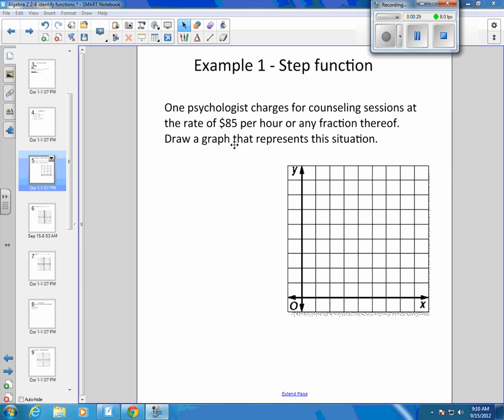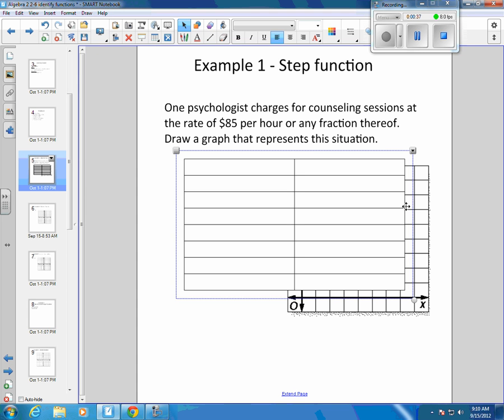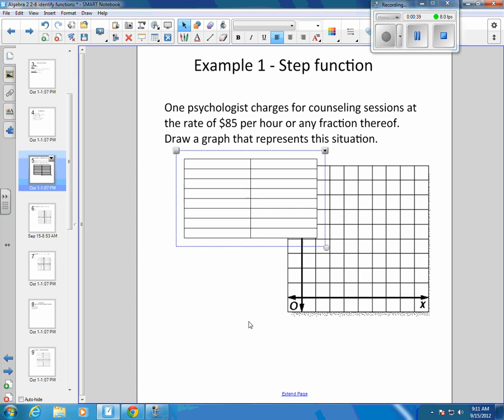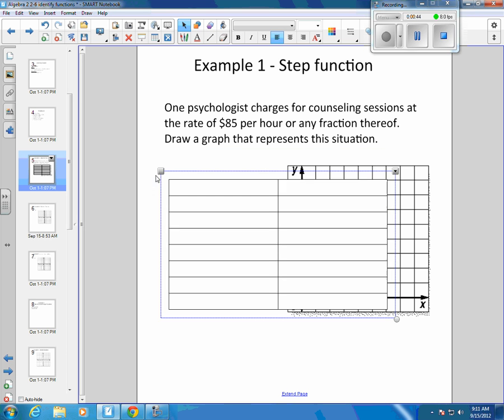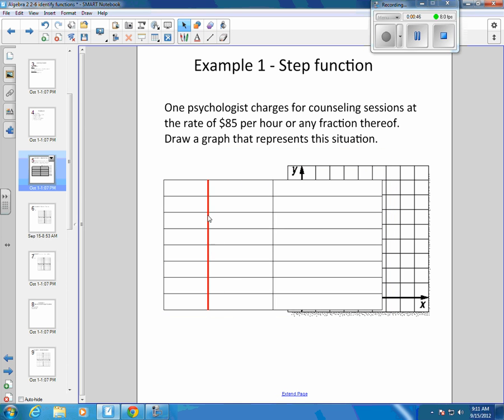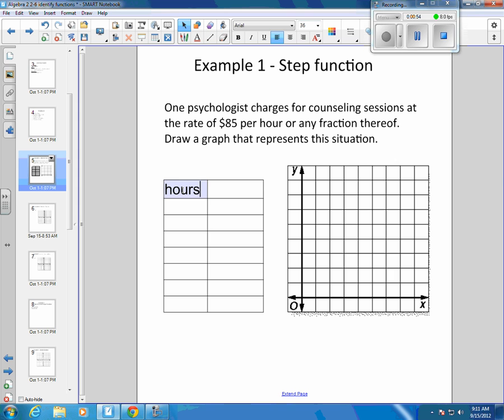So we want to look at the situation, what it looks like as a graph. So the easiest thing to do is let's make ourselves a little table. Let me insert a table there. So we have our hours, and we have how much we have to pay.